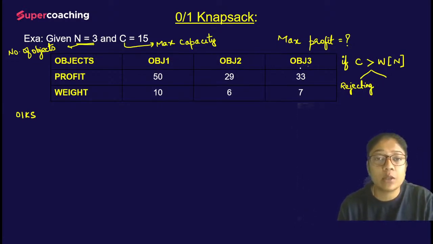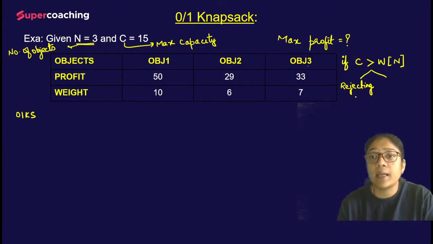If you start from object 3, you don't know what data is given for object 2 and object 1.